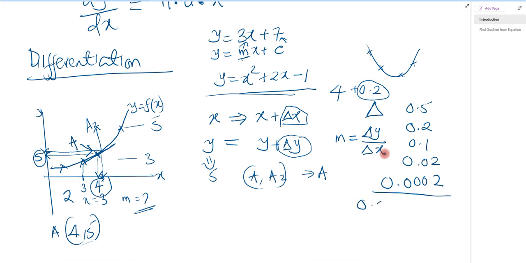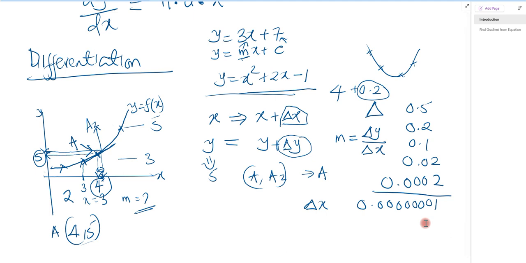By the time I add something very, very insignificant like this, I only add the small margin here. So if I use this small margin to find the gradient, then the smaller it is, the more accurate the gradient is.